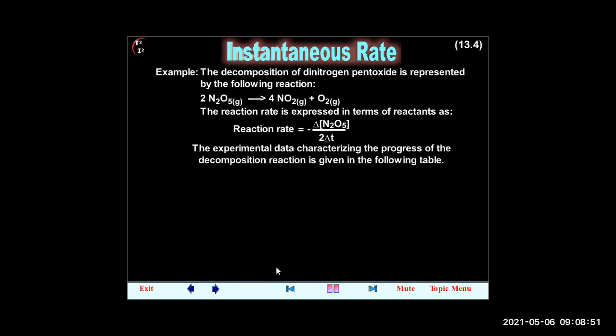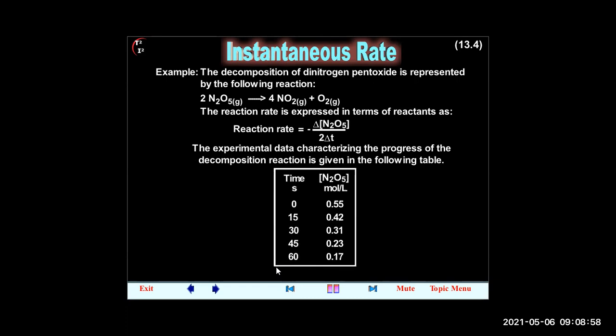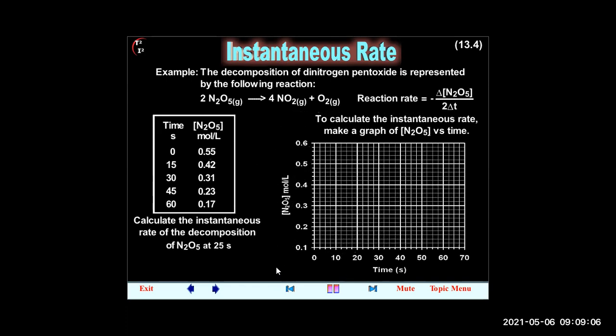The experimental data characterizing the progress of the decomposition reaction is given in the following table. Calculate the instantaneous rate of the decomposition of N2O5 at 25 seconds. To calculate the instantaneous rate, make a graph of concentration N2O5 versus time.